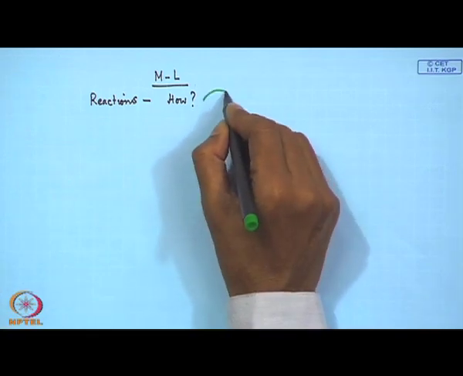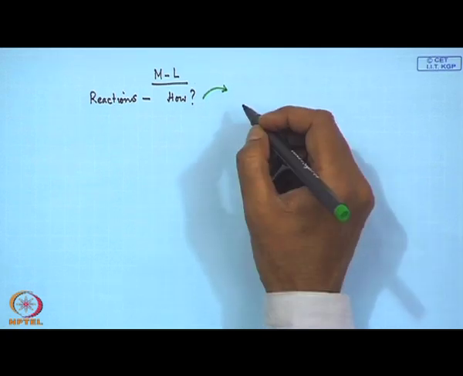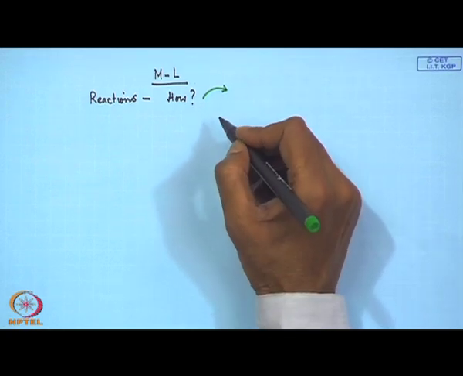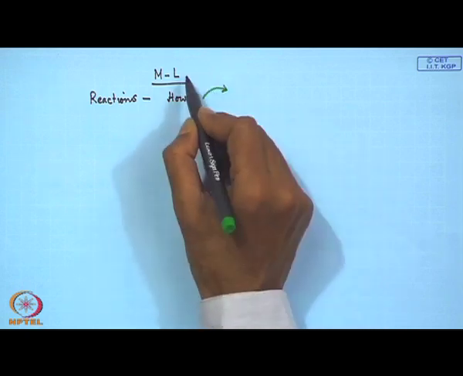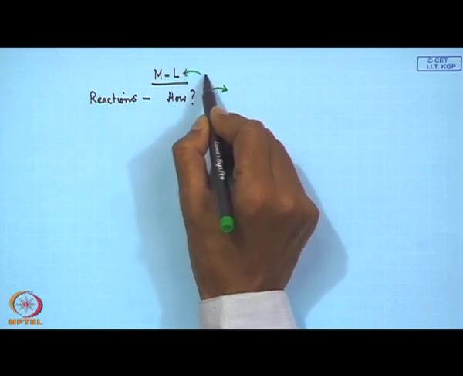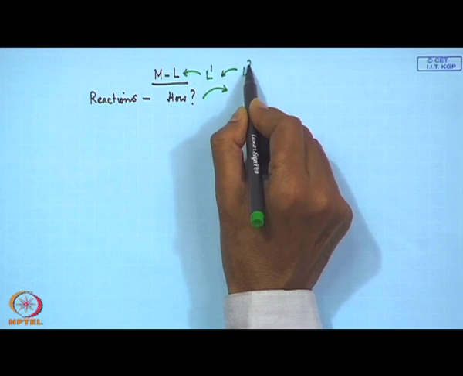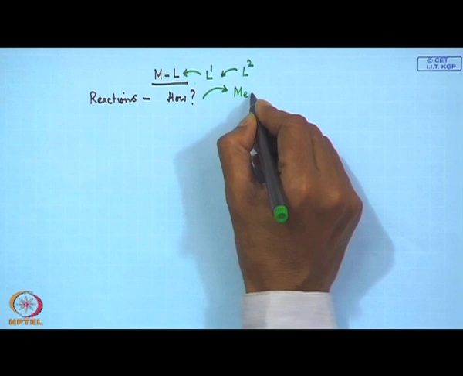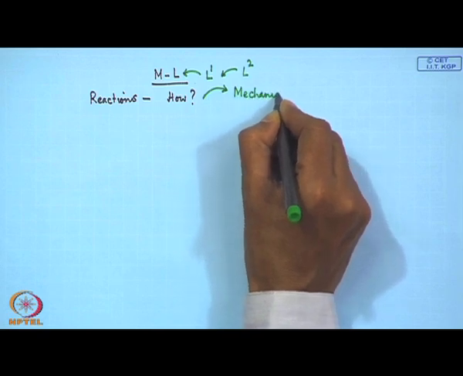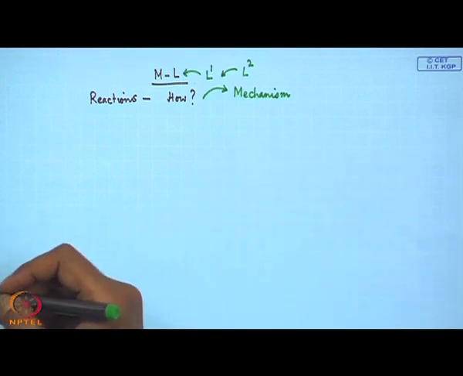If we know how this reaction takes place at a standard temperature, how fast the reaction is, or how quickly we can substitute this ligand, whether L1 can be substituted by L2, that gives us some idea about the mechanism of these reactions and substitutions.